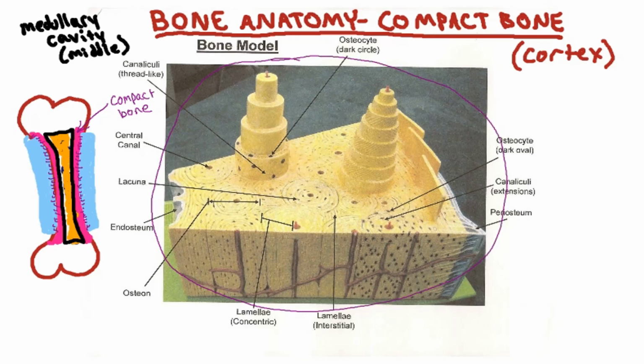And what this model is, if you take a slice out of this bone, like a wedge-shaped slice, like here, it covers mostly the compact bone, and it gets just a little bit into the medullary cavity. That's what we're looking at here. We're looking at this slice that was taken out of part of the bone.